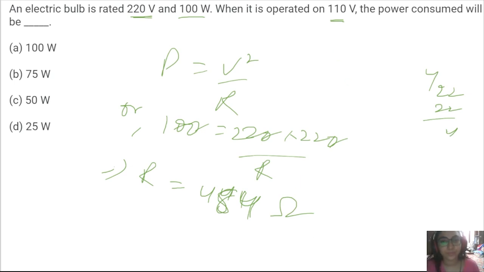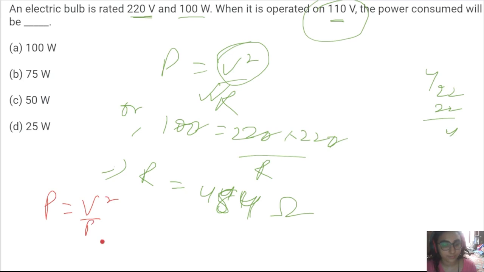So now, when you are operating the electric bulb at 110 volts, only the voltage source has changed. What remains same is the resistance, right? So now, just draw it with a different color. So P equals to now V square by R. Only now V is 110 and R is your 484.